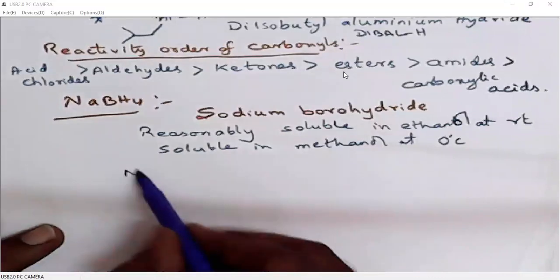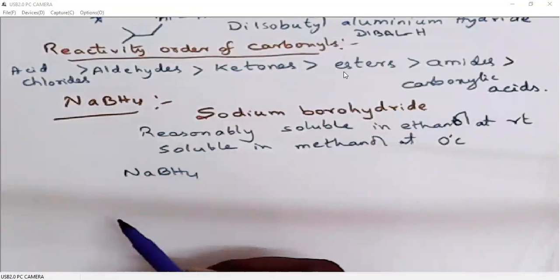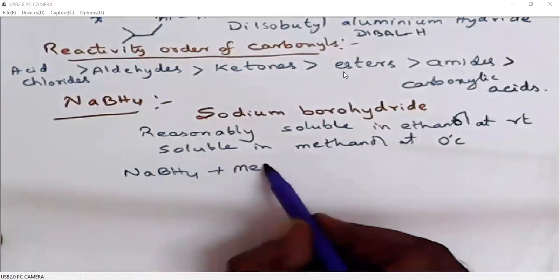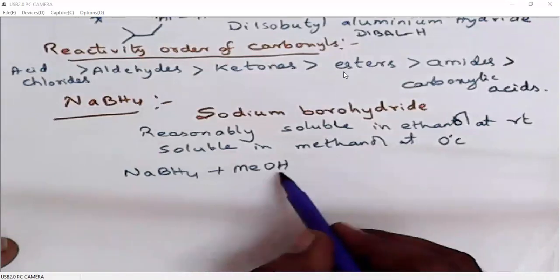Generally when it is added to protic solvents like ethanol, methanol, or water, the borohydride, meaning H minus, will pick up a proton, so it becomes hydrogen gas.